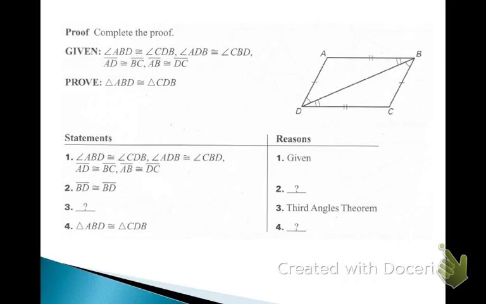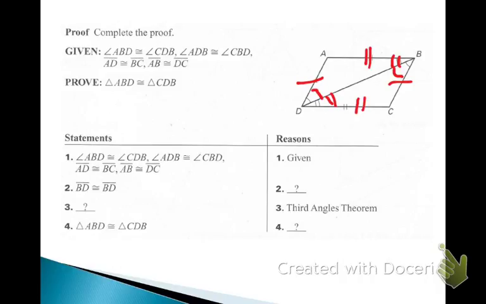Okay. Here's a proof. So in the triangle, we're given ABD is congruent to CDB, and ADB is congruent to CBD. AD is congruent to BC, and AB is congruent to DC.